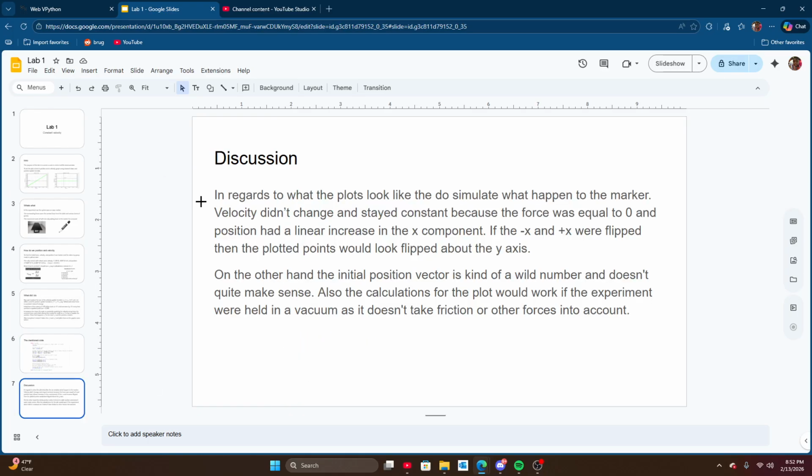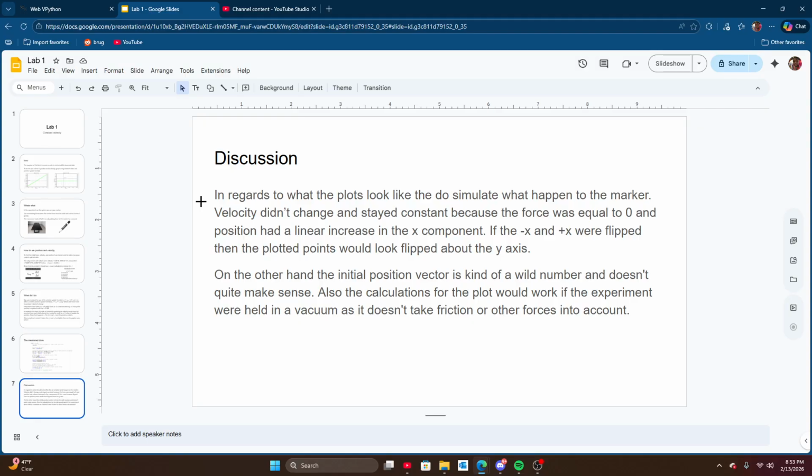In discussion, in regards to what the plots look like and simulate, what's the same is the velocity didn't change and stayed constant because force was equal to 0 after a certain amount of time, and the position had a linear increase in the x component because velocity was also constant.